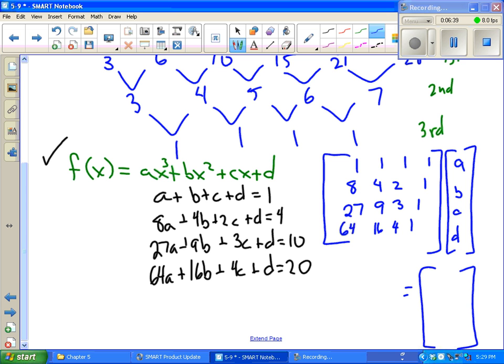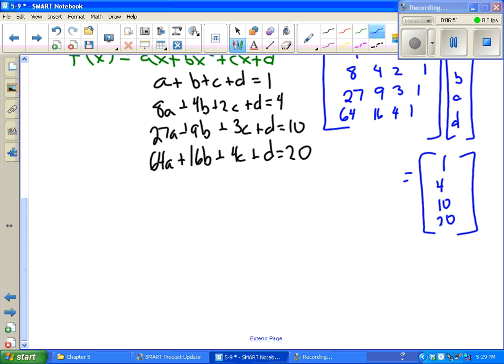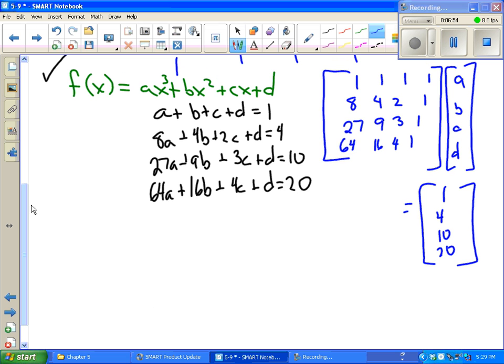And it turns out that A is 1. If you do all that, you'll figure out A, B, C, and D, and you can use that information to write your final answer. Again, you don't have to have a graphing calculator to do this, but I have pity on anyone who tries doing it by hand.